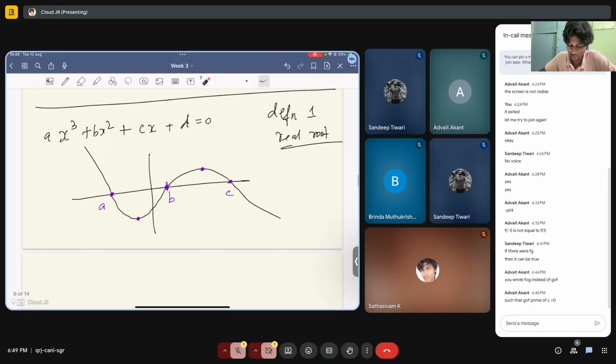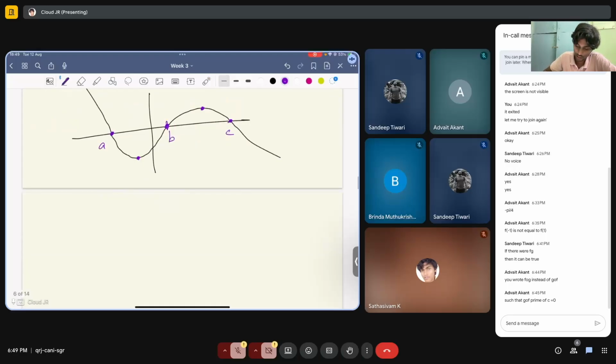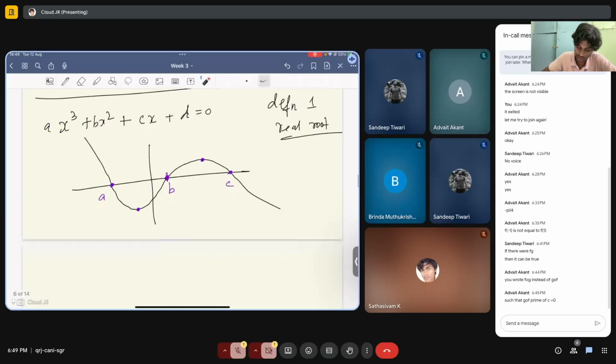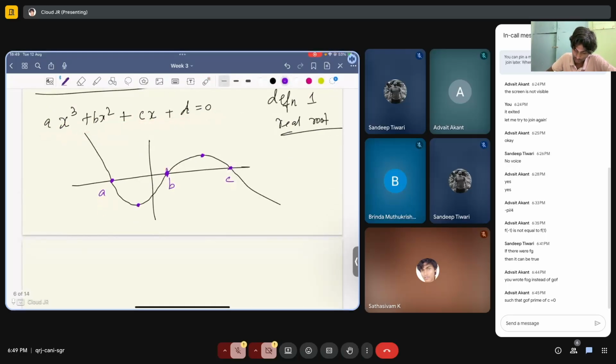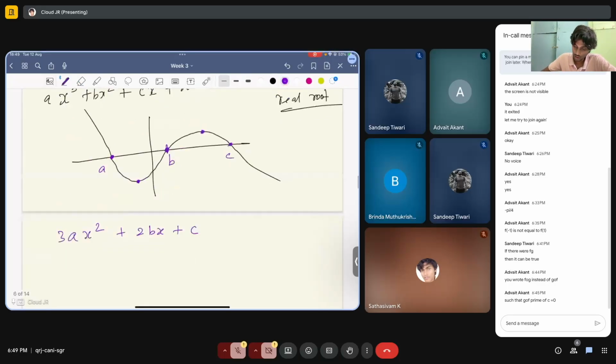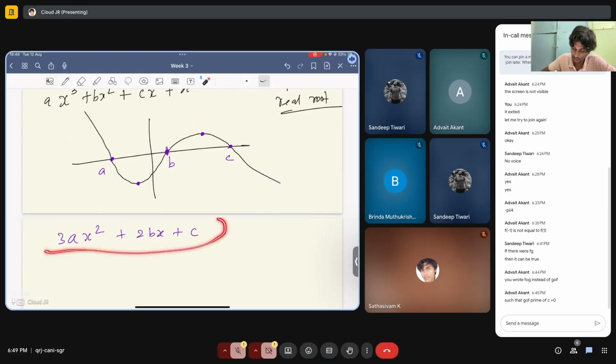Let's take the derivative of this. You will get 3ax square plus 2bx plus c. I mean, forget the equal to 0 part. Okay, so this is the derivative. So what we have is this derivative has to have two real roots, right?